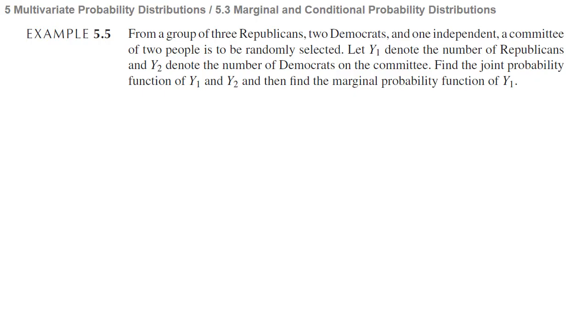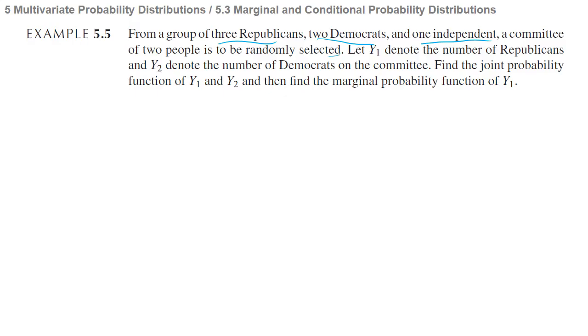Okay, let's look at example 5.5. From a group of 3 Republicans, 2 Democrats, and 1 Independent, a committee of 2 people is to be randomly selected.